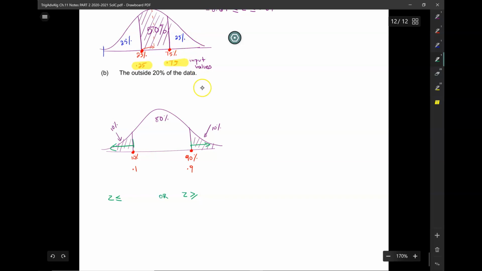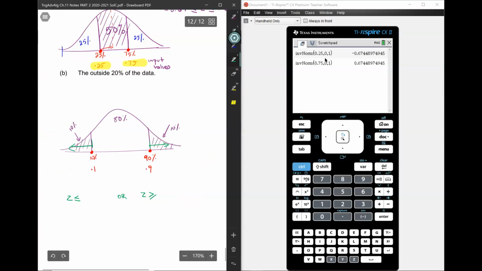Okay, let's put in our numbers. By the way, you don't have to reinvent the wheel. Once you're here, you can just press the up button once, up button twice, highlight this expression, press enter, and then just go ahead and edit.